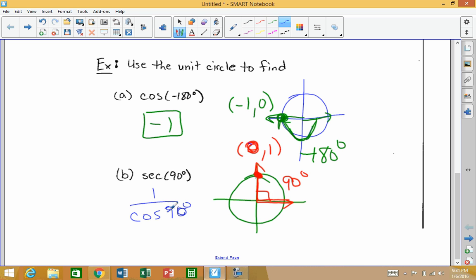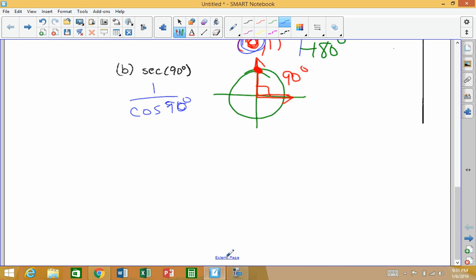We can figure out what the cosine is. Again, the cosine is the x coordinate, so we're going to plug 0 in here. So 1 over 0, and that's not a good situation. We never want to divide by 0, so this is going to be undefined.